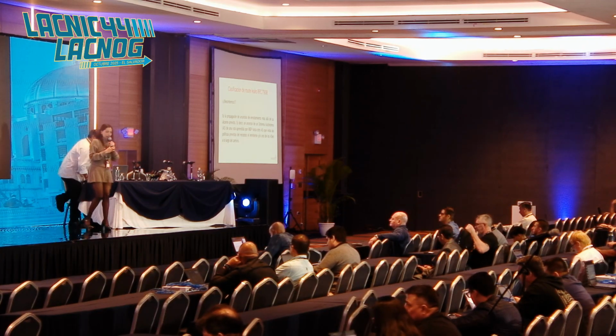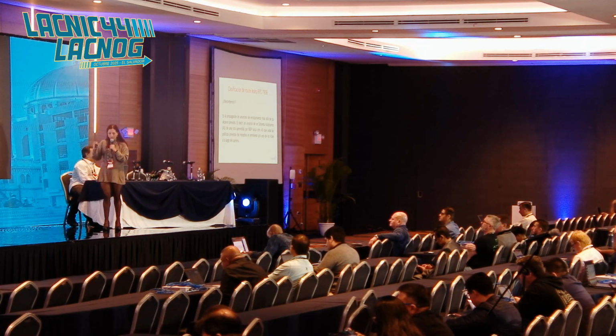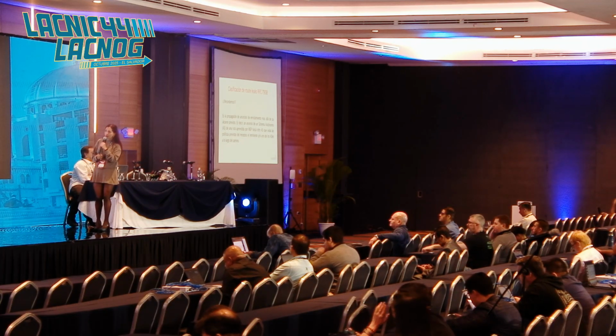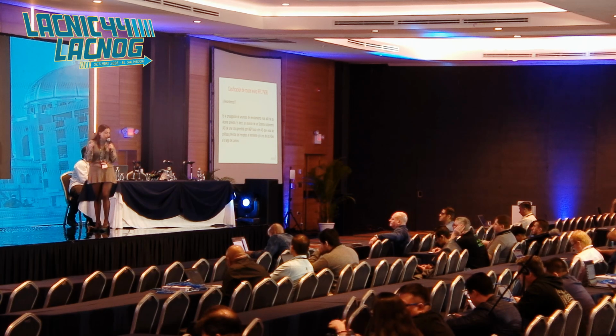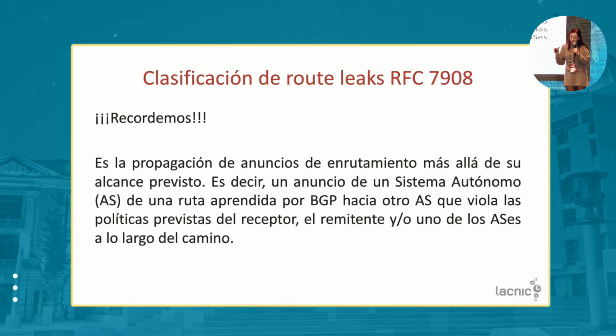I will briefly refer to RFC 7908. This is an informative RFC, and specifically it classifies the type of route leaks that we currently have based on the route leak incidents that we have had globally.